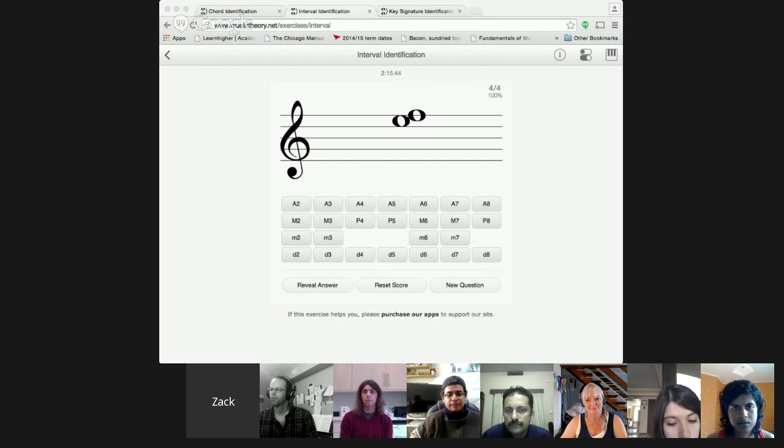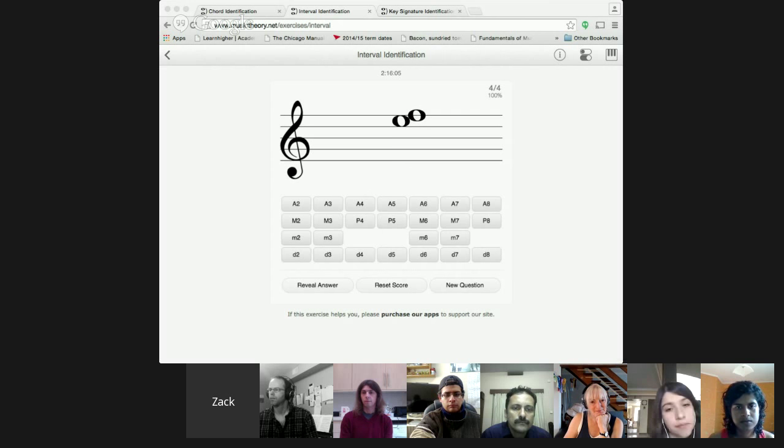So that's a second. Then we're going to have to refer to the keyboard or remember our white note diatonic scale to know that in this case, that second is a minor second. If there was a sharp in front of the F, it would be a major second, but as we've got it here, it's a minor second. Is that all right with everyone?